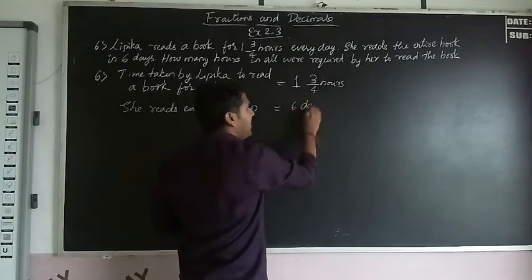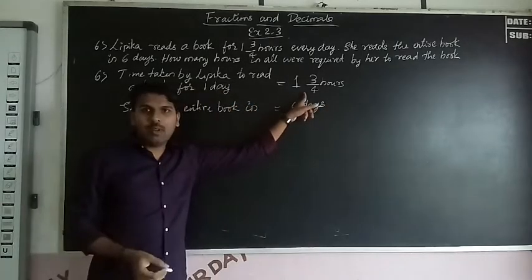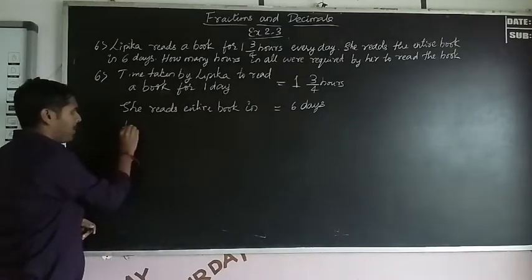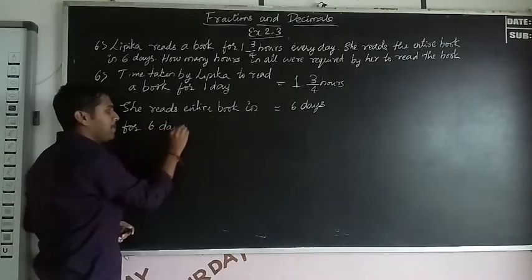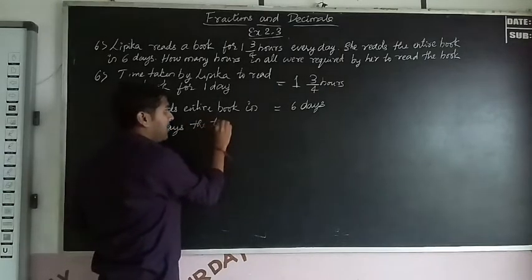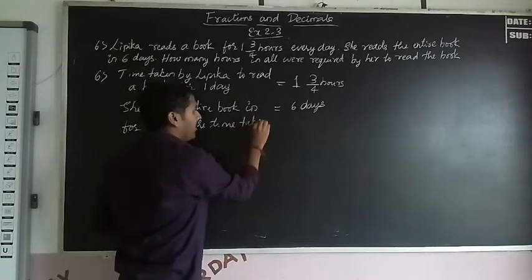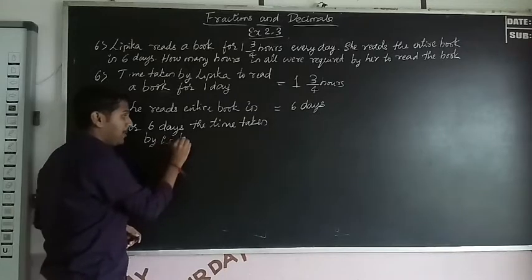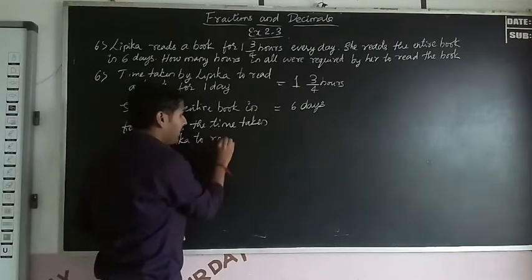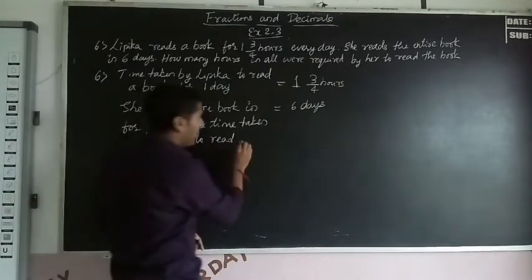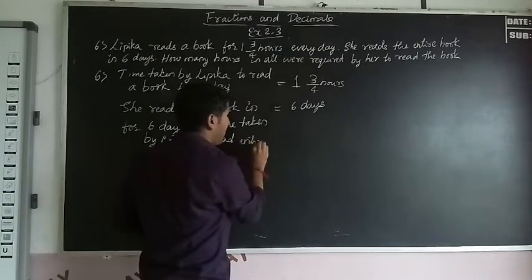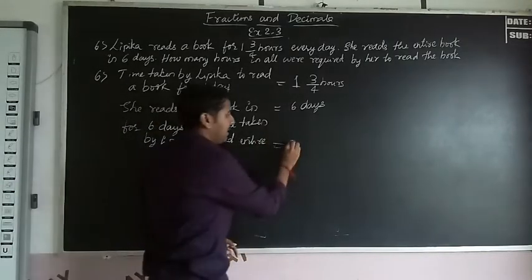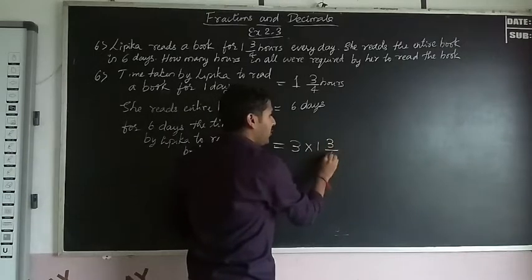No? That means for one day, one integer 3 by 4 hours. For 6 days, the time taken by Lipika to read the entire book equals just multiply 3 into one integer 3 by 4.